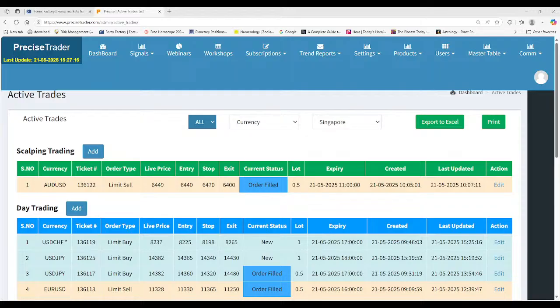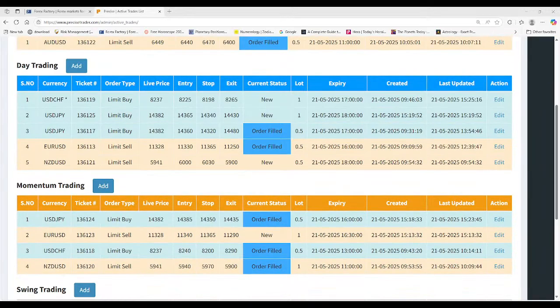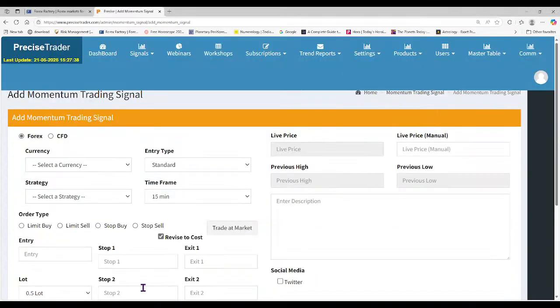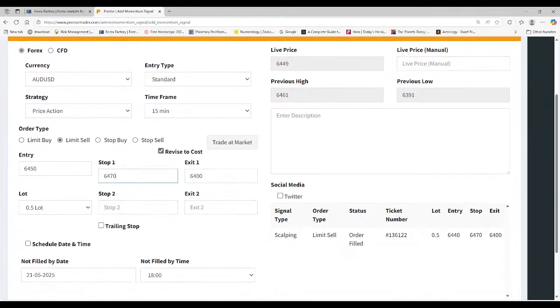Just give me one line, 1 minute. Okay, so we'll try to go for another sell. Another sell, Aussie at 64.50, a very tight stop, 70 and 64 figure.